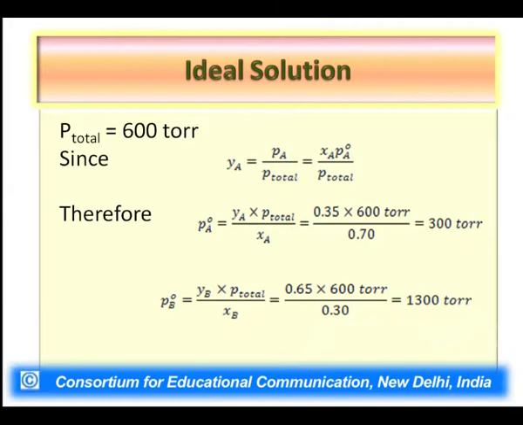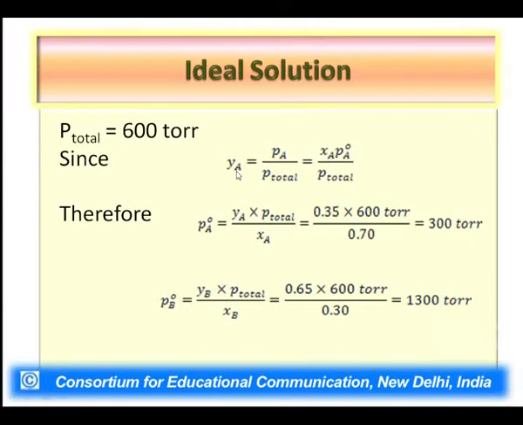So we should use those relationships which relate the total vapor pressure with YA and XA, and these relationships, one in terms of Dalton's law of partial pressure. From Dalton's law we get YA equal to PA by P total.